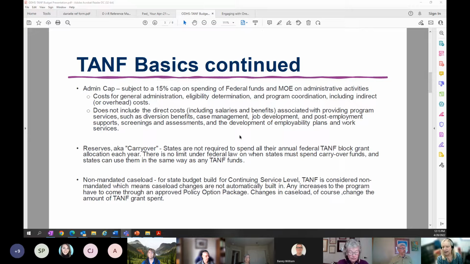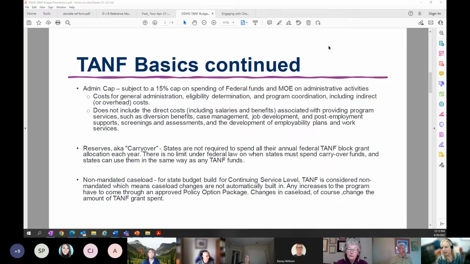Another piece of that is we get to account for changes in caseload for programs that are considered mandated. And the way they define mandated is programs that are required by the federal government. So those are your federal entitlement programs, or programs that are in the state constitution or required by court action.